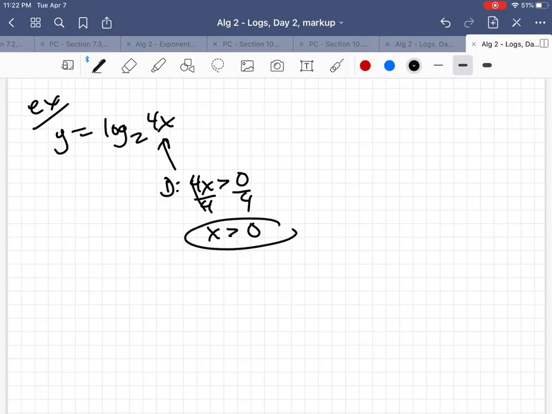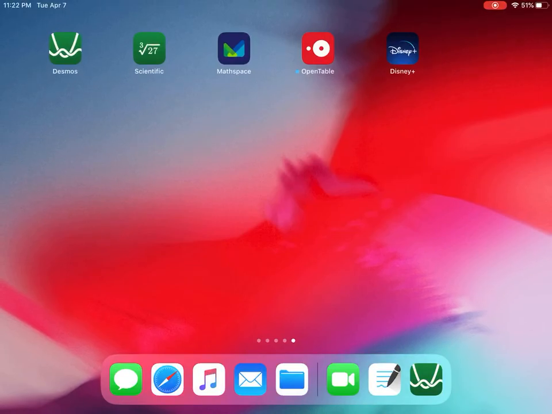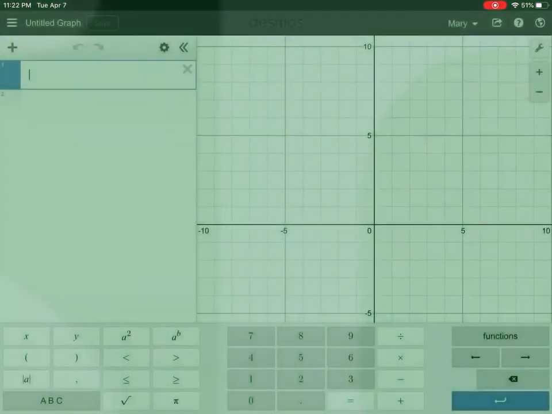All right, now the graph. So let me go back to Desmos and show you on the graph what happens to it. So let's do a regular log function.